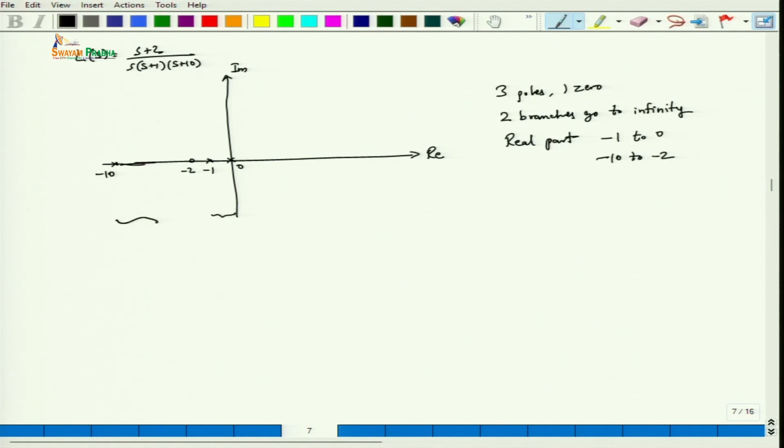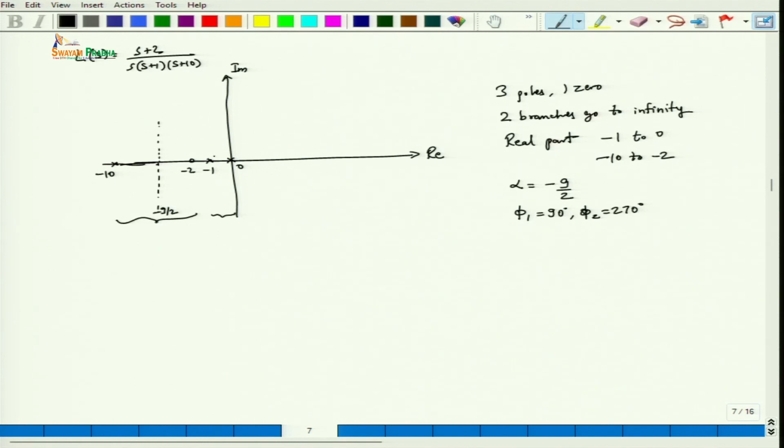So here and here. Another part is the value of alpha, which in this case will be -9/2, and phi 1 will be 90 degrees and phi 2 will be 270 degrees. So we have to plot the asymptote at -9/2. So this is -9/2.